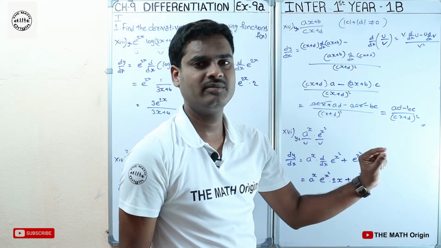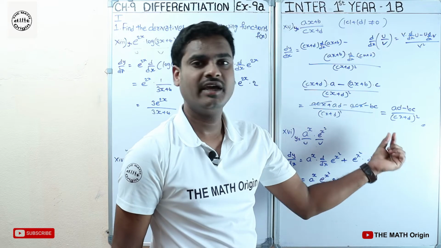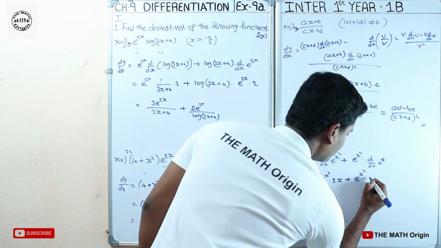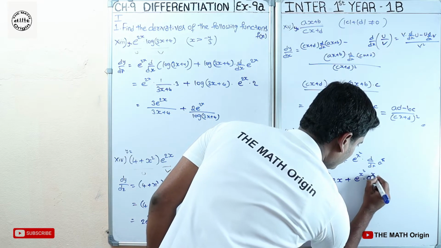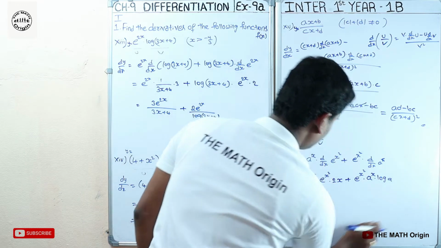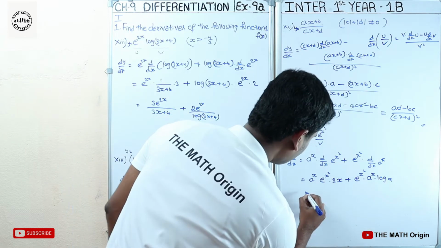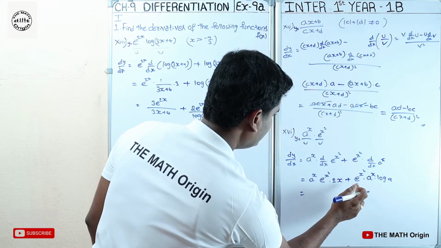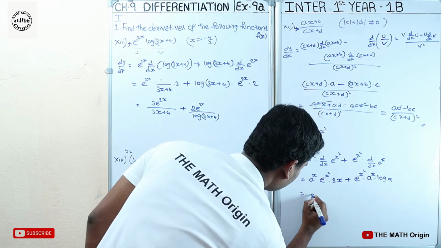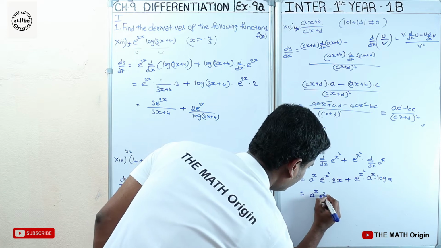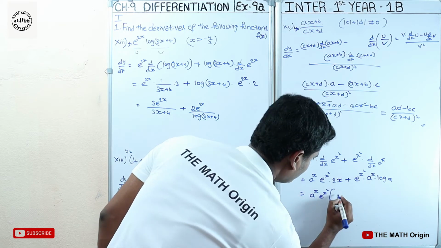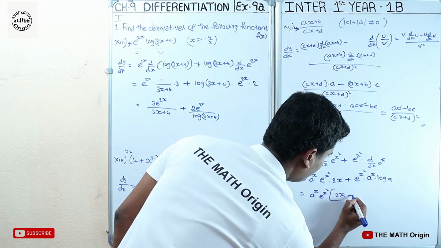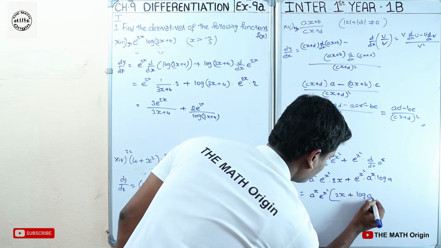We know the derivative of a power x is a power x log a. Therefore, we can directly write it as a power x into log a. From this, if I take a power x e power x square common, I get 2x plus log a.